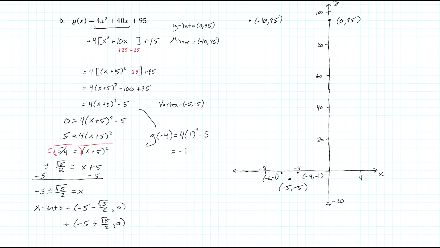And let's do a little bit more. Let's plug in like a negative 2 so that we can fill in something in this space. G of negative 2, we're going to get 4 times negative 2 plus 5 is a 3 squared and then minus 5. So it'd be 4 times 9. And we need to subtract 5. 4 times 9 is 36 minus 5 is 31. So 31 is going to be like right in here.